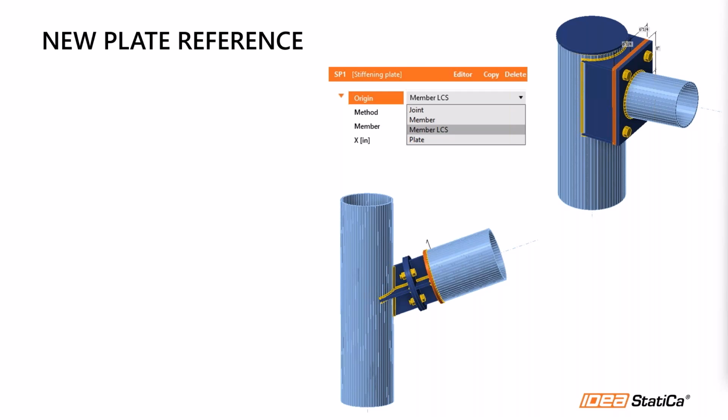So with this, we've developed the member local coordinate system to be part of the origin. Within here, you are able to adjust the plate based on the member local axis, and this is mainly beneficial for its local x-axis. Whenever you want to follow that same member location, you are able to do so. So here we have different complex connections where these cases are useful.